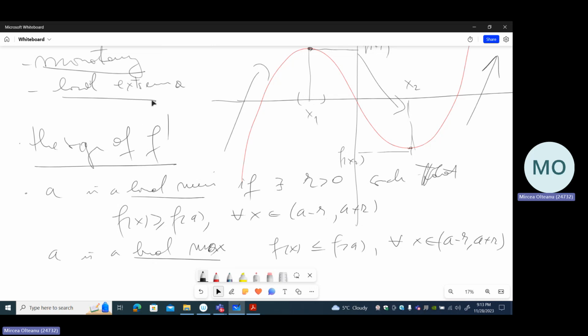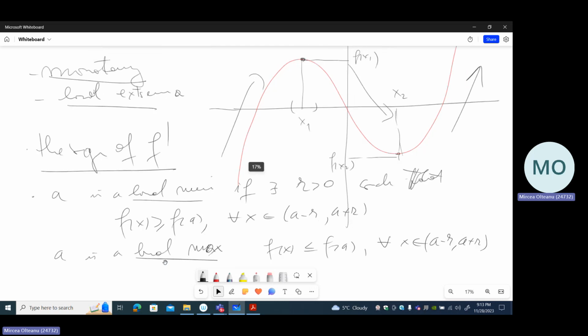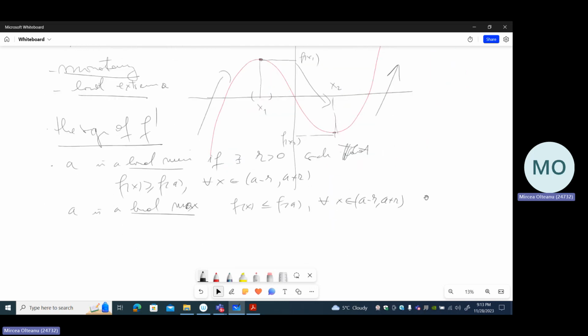Okay, so we have local extrema, which can be local minimum or local maximum. To study the function means, first of all, to find the intervals of monotony, where it is increasing, where it is decreasing, and to find the local extrema.